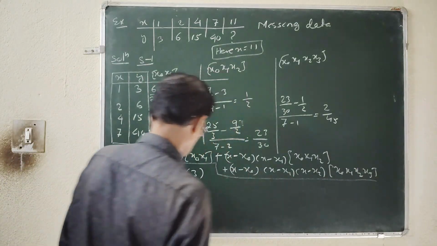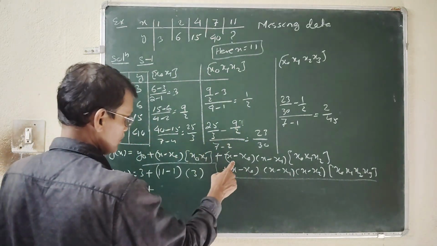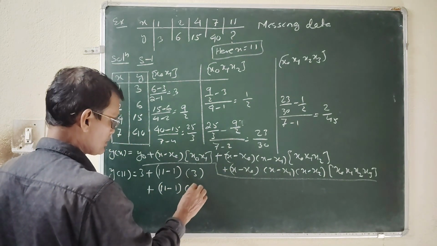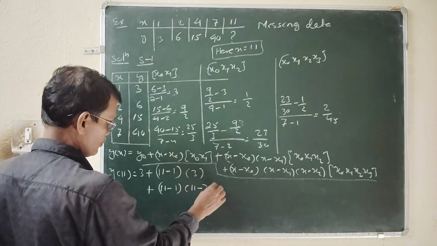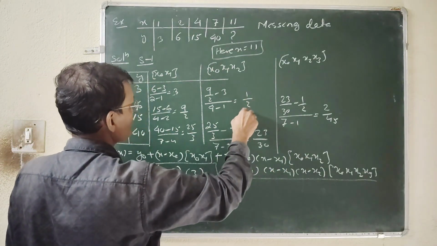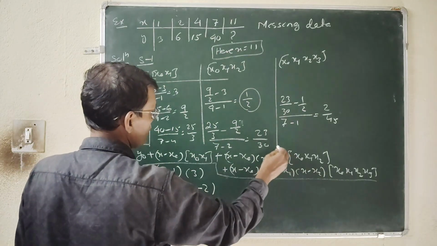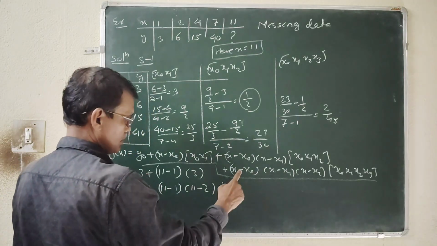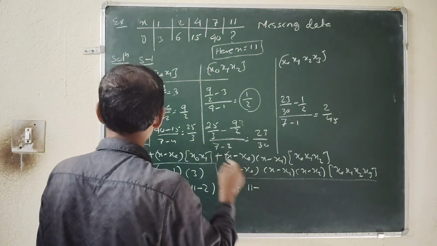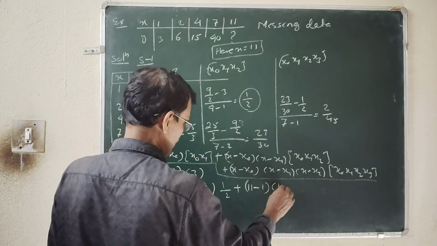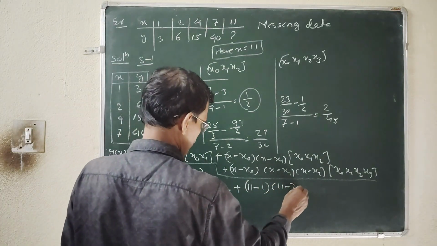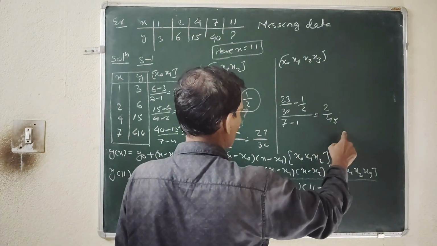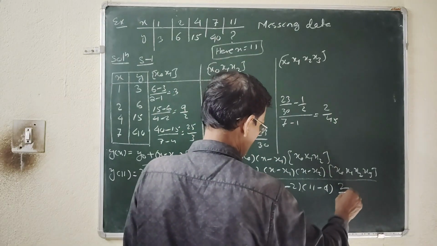Plus then this term: x minus x0, that is 11 minus 1, into x minus x1, 11 minus 2, into x0, x1, x2, that is 1 by 2. Plus next, this term: 11 minus 1 into 11 minus 2 into 11 minus x2, that is 4, into the third order divided difference, that is 2 by 45.